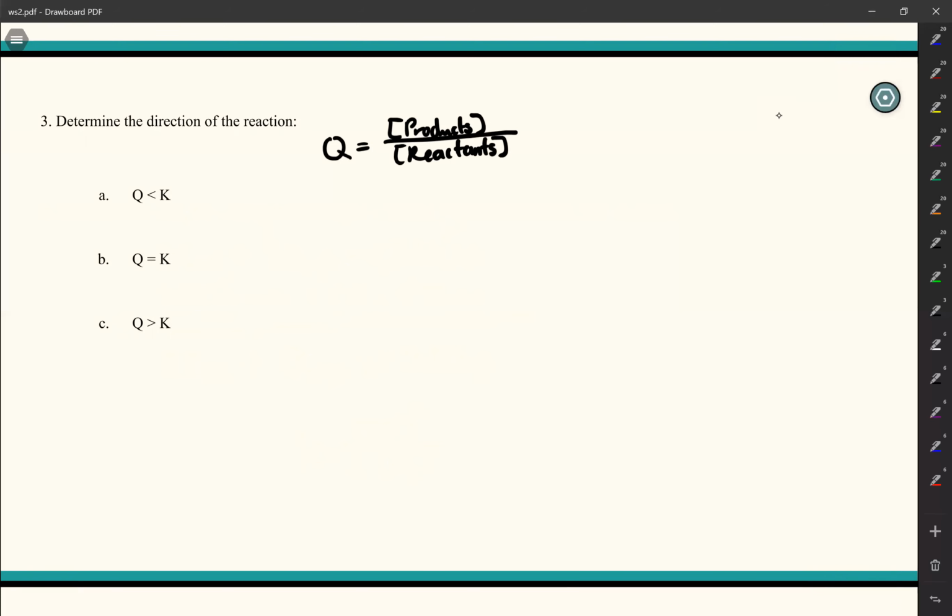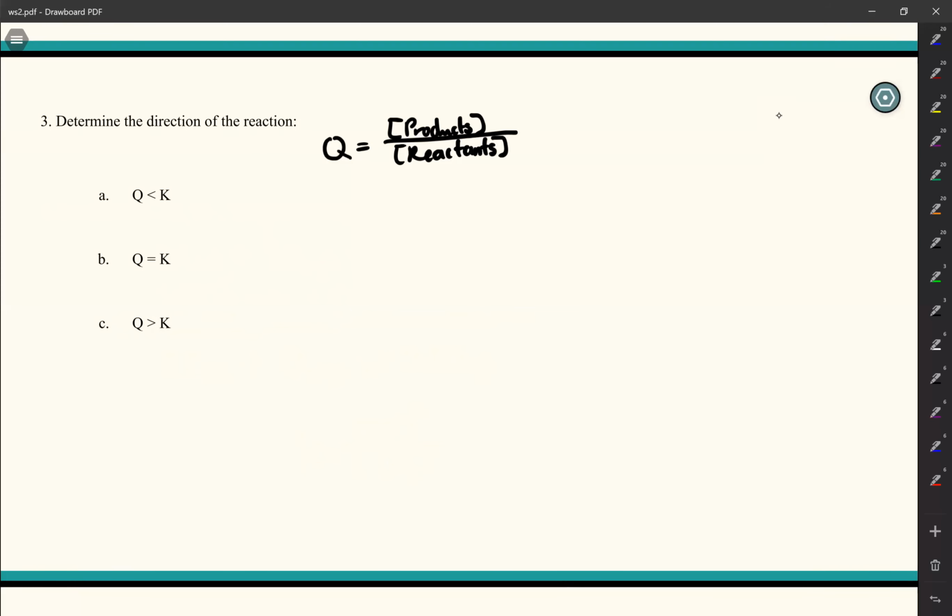So let's just start with the middle one. So that would be part B. Remember that products over reactants is the ratio at equilibrium.